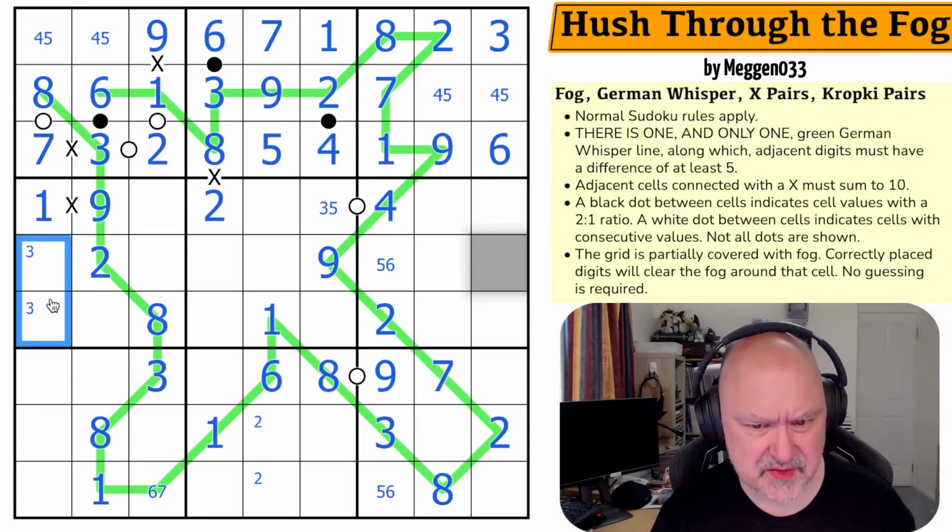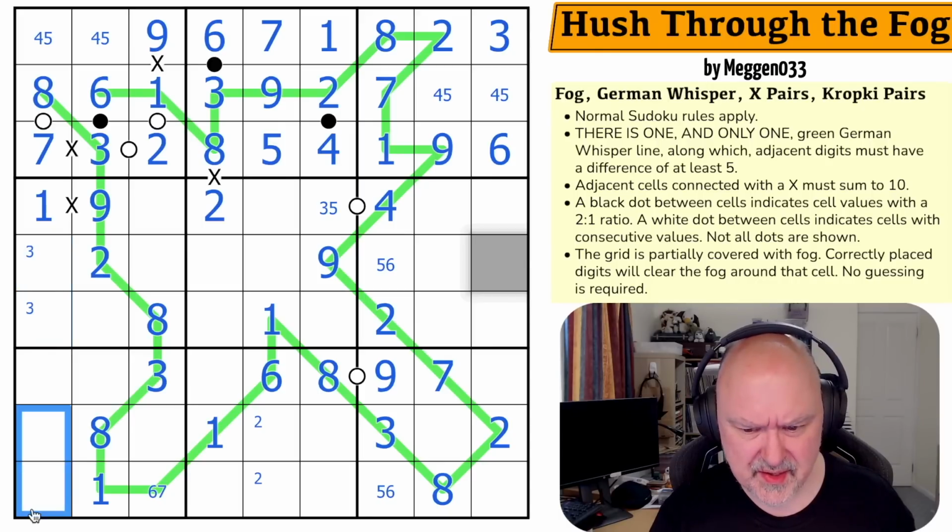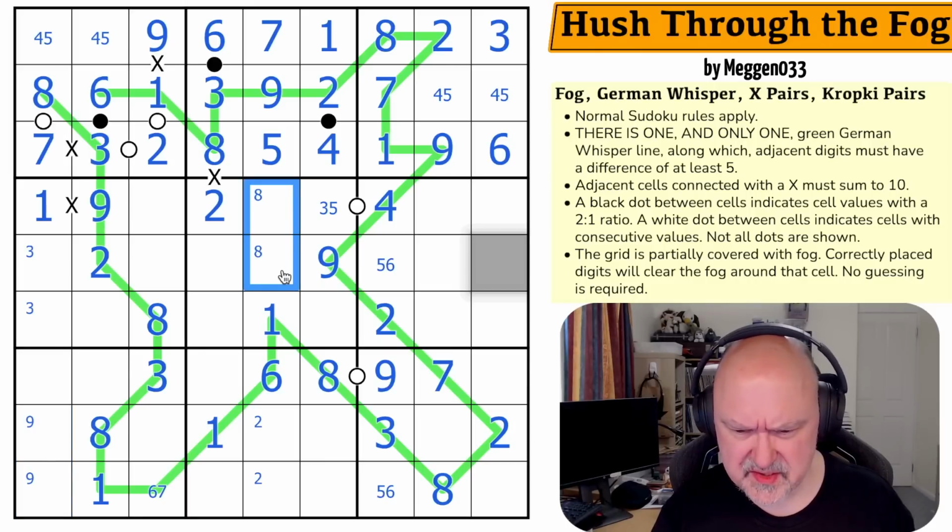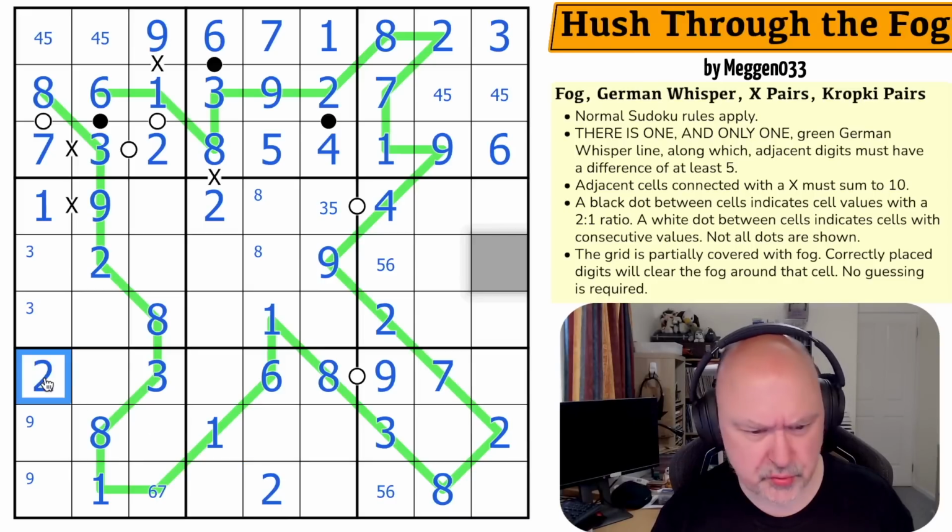3 is in one of those two by Sudoku. 9 is in one of those two by Sudoku. 8 is in one of those two by Sudoku. That's not a 2 anymore. That's a 2, which puts 2 there.